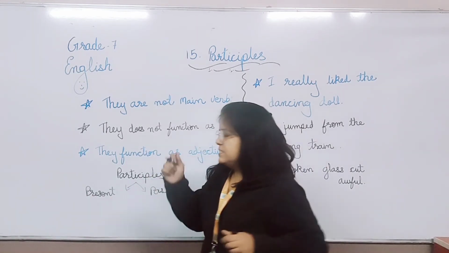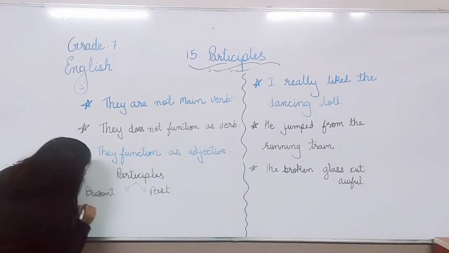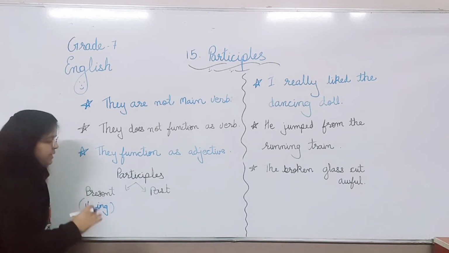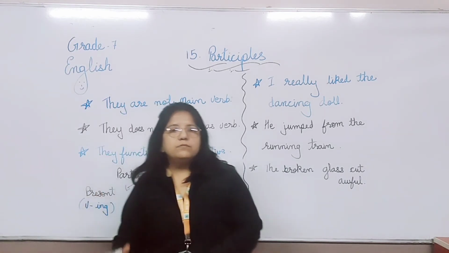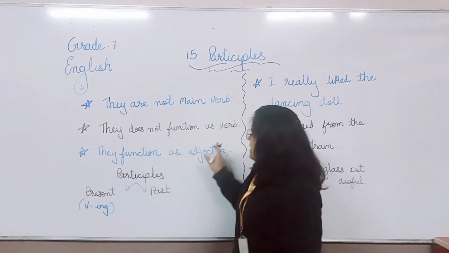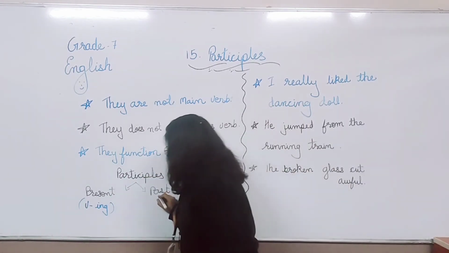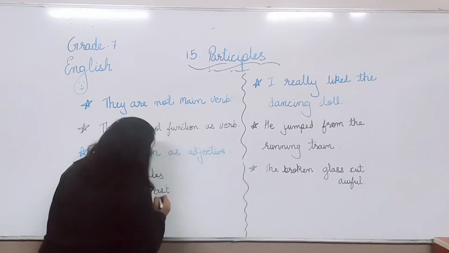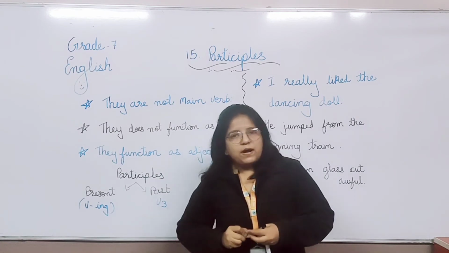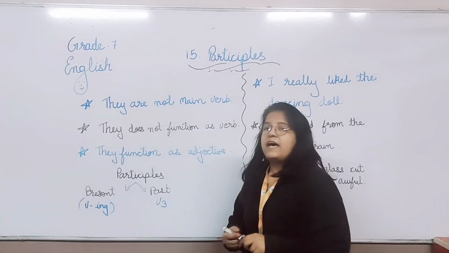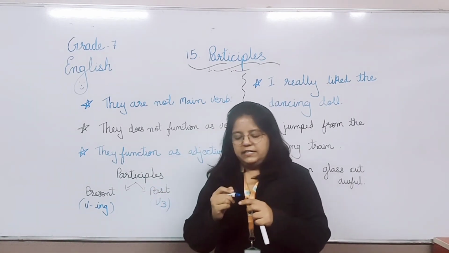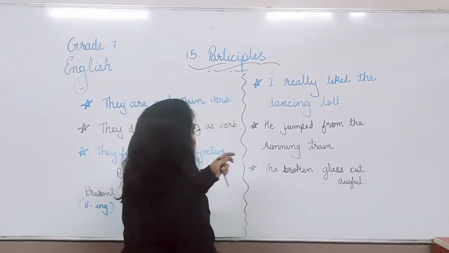Present participle is the verb plus ing. Means the base form of the verb with ing, and main thing, it functions as an adjective. And past participle is the third form of the verb. What is past participle? Past participle is the third form of the verb and it also functions as an adjective in the sentence. Let's see this with an example.